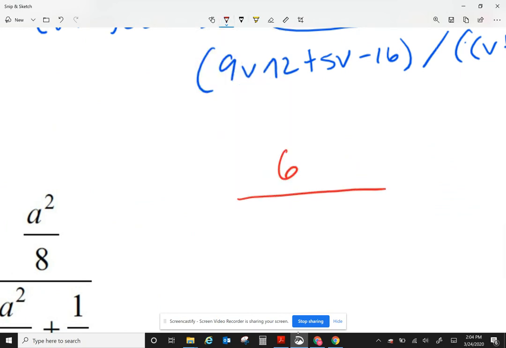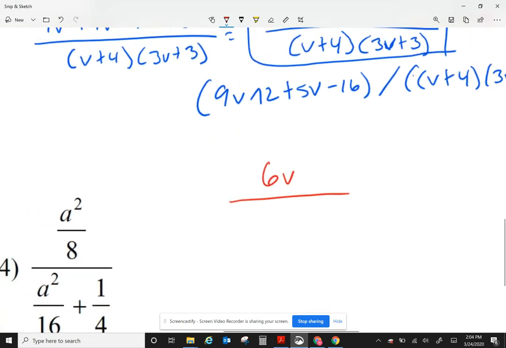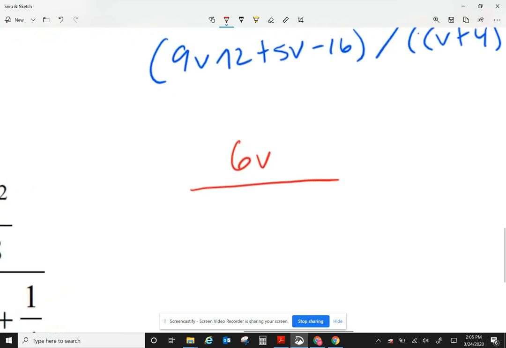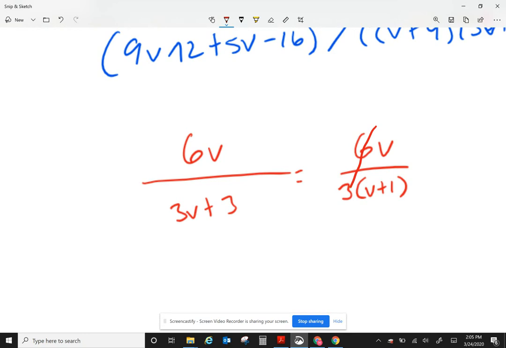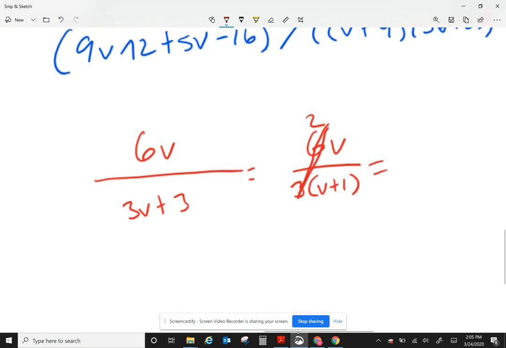I could have a fraction as 6v on the top, and then at the bottom, let me call this a 3v plus 3. When I work this out, the top I have a 6v. The bottom I can factor the 3 out. Then I notice the 6 over 3 can simplify. So I will break this as 2v over v plus 1.